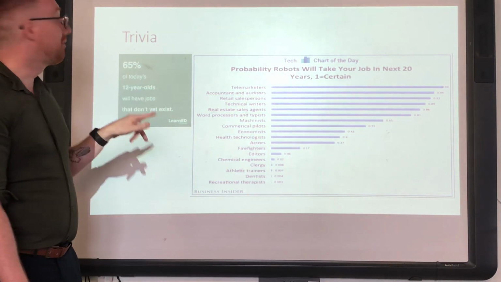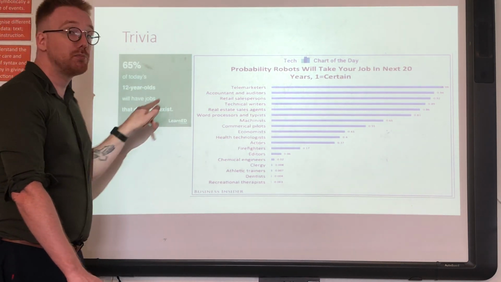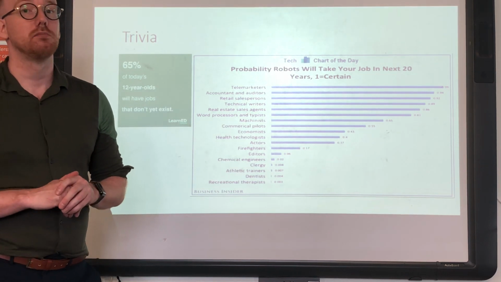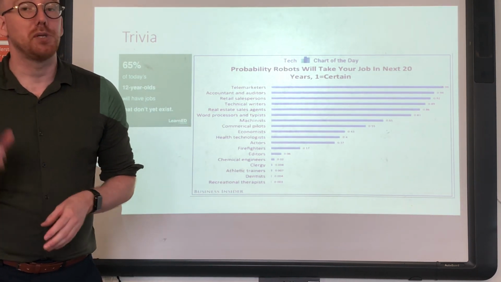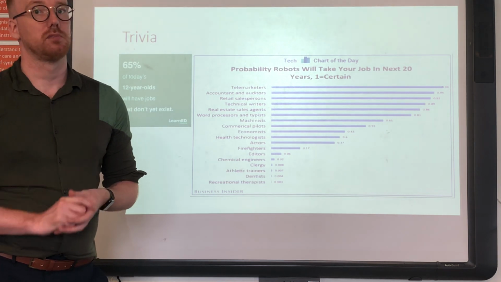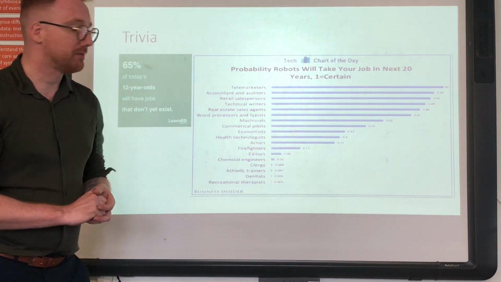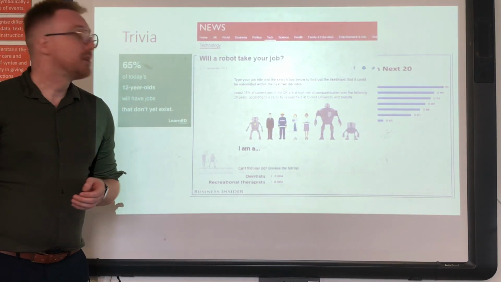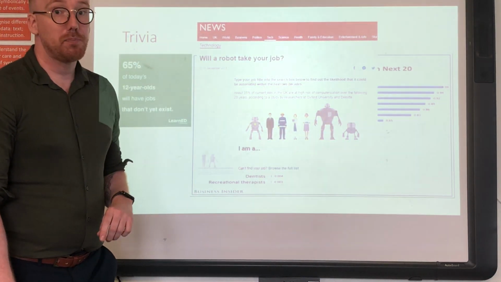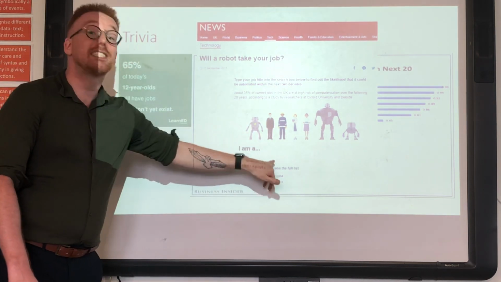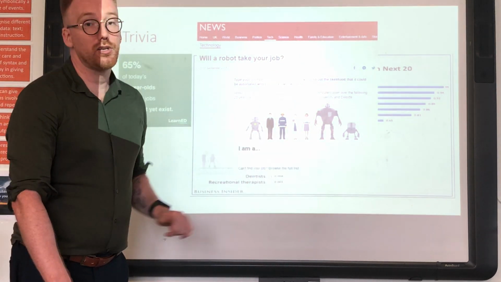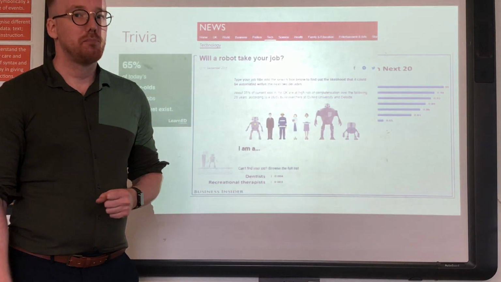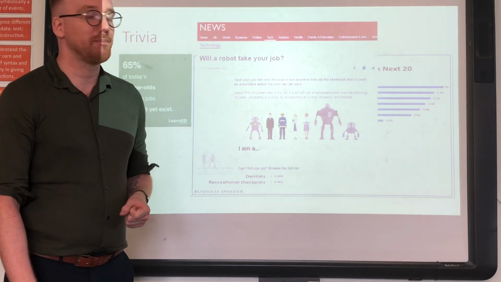65% of today's 12-year-olds will end up doing jobs that don't yet exist. We don't know what those jobs are. You don't know what those jobs are. But you need the skills to learn, to develop and improve. If you're interested in this, if you search for the BBC's Will a Robot Take Your Job, you'll find a page where you can actually type in the job that you might be looking for, and it will tell you how likely it is that that job will be replaced by a computer, will be automated in some way.